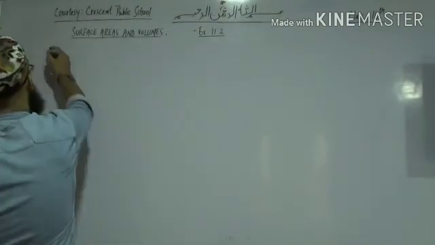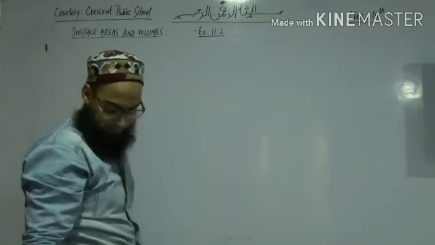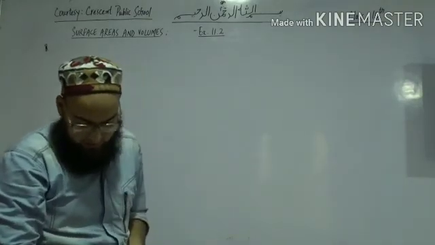Now let's have the last question of this exercise, question number 8. A spherical glass vessel has a cylindrical neck.